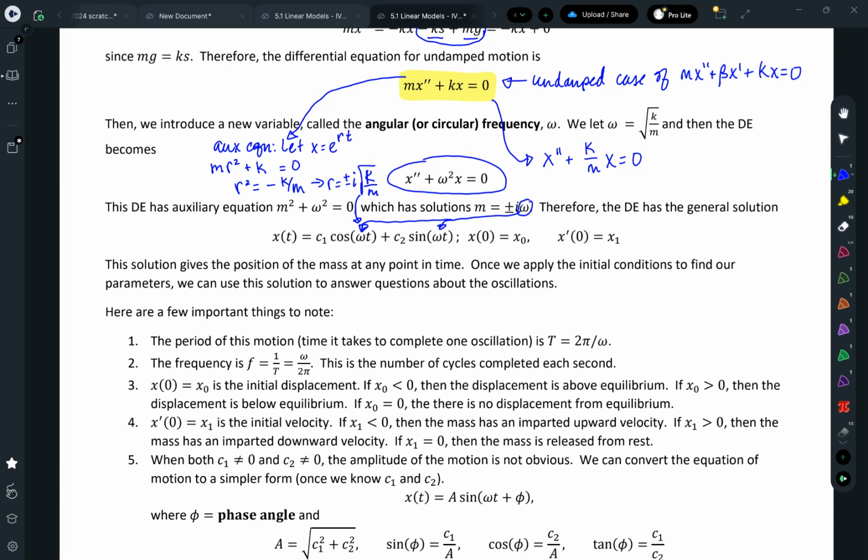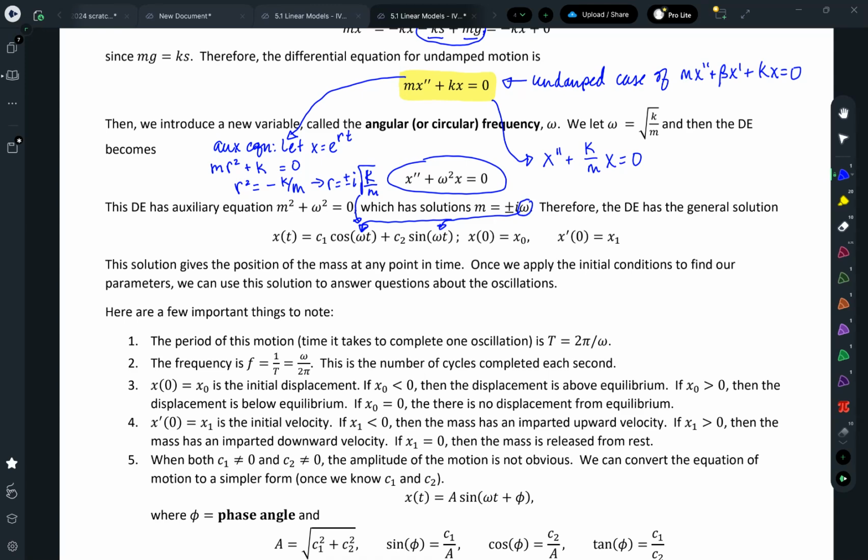So that's the position at time 0. And then the x prime of 0 is equal to x1. So that's the velocity at time 0, or in other words, how fast the spring was pushed off. So this solution gives a position of the mass at any point in time.